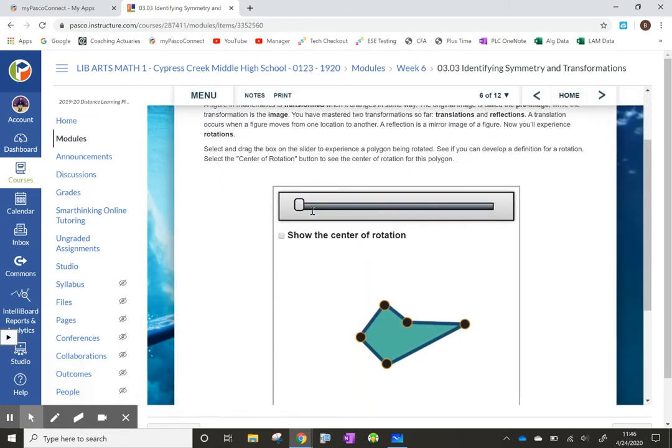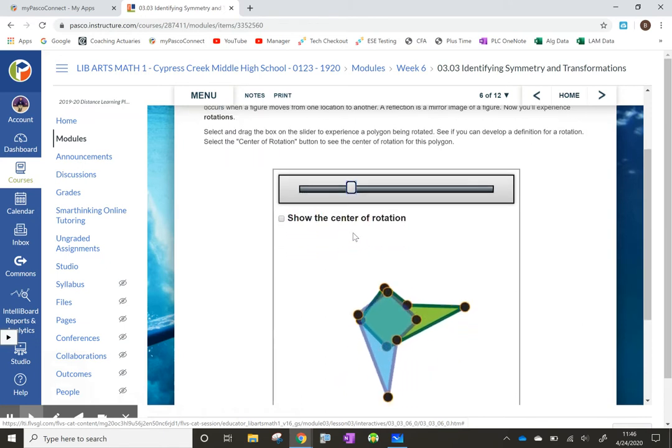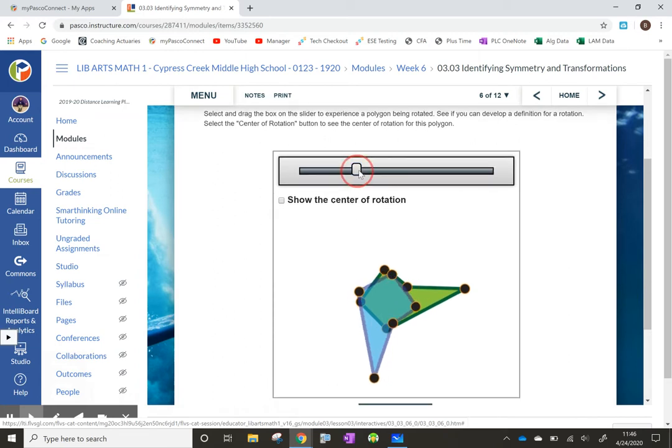So rotations, of course, is when we turn the diagram. So you can see it's not changing its shape at all, but it's just turning left, right, or whatever. Now, you'll notice when you go a quarter of the way around, that's a 90-degree turn. If you go the complete opposite direction, it's a 180-degree turn.